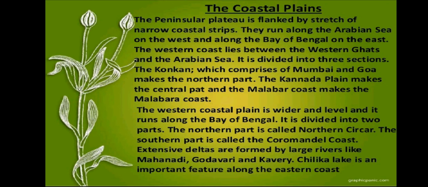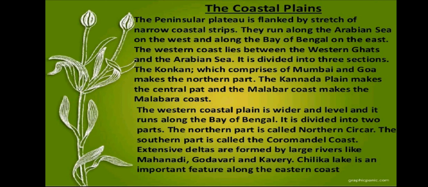The Konkan plain lies near Mumbai and Goa. The Malabar coast is the coast of Kerala. Between Kerala and Mumbai and Goa, that place is called the Kannada plain, because part of Karnataka is there.